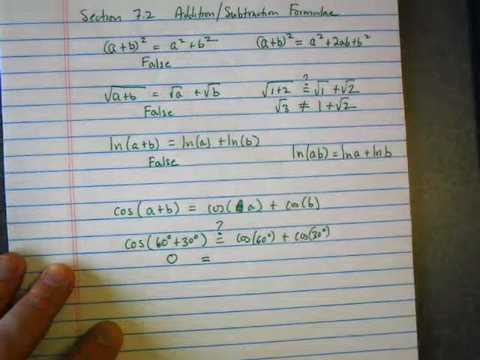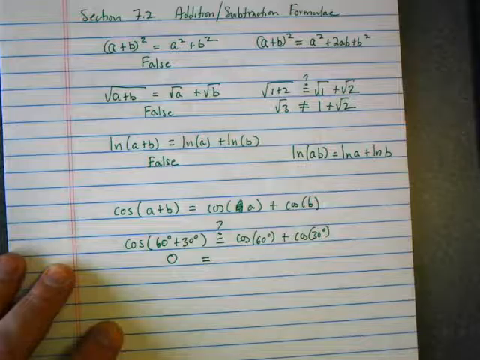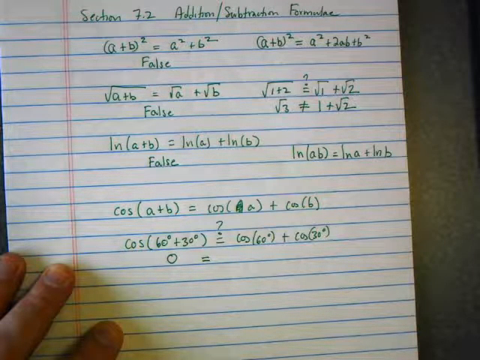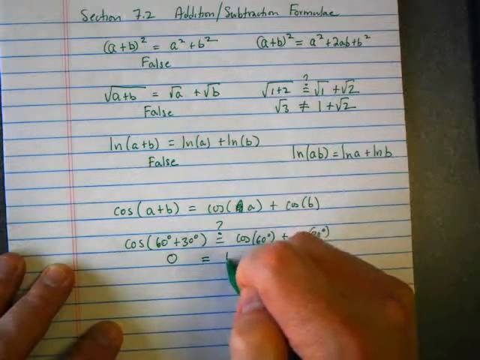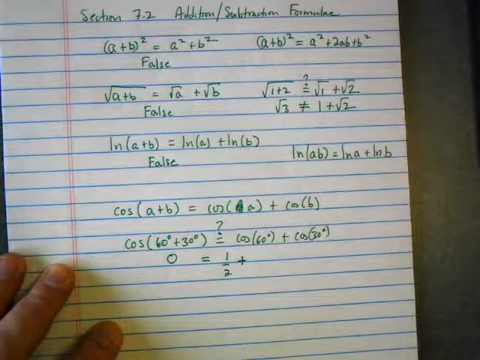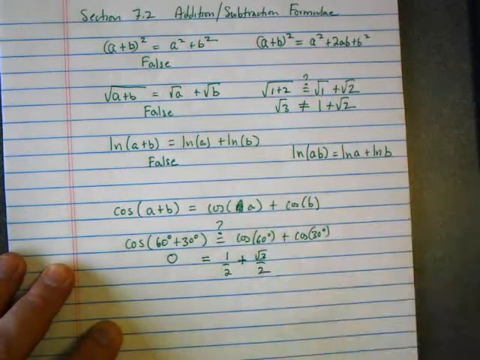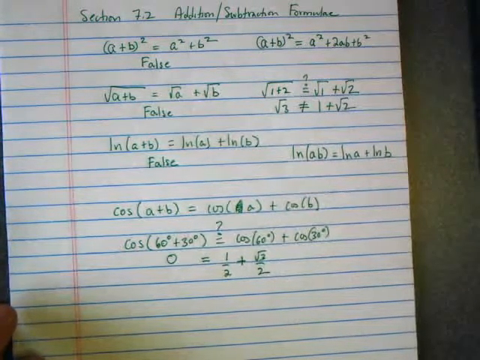I'm going to have to start standing by the door again, I see. Cosine of 60 degrees is not root 3 over 2. It's 1/2. Cosine of 30 degrees. Now it's square root of 3 over 2. So are those equal? No.